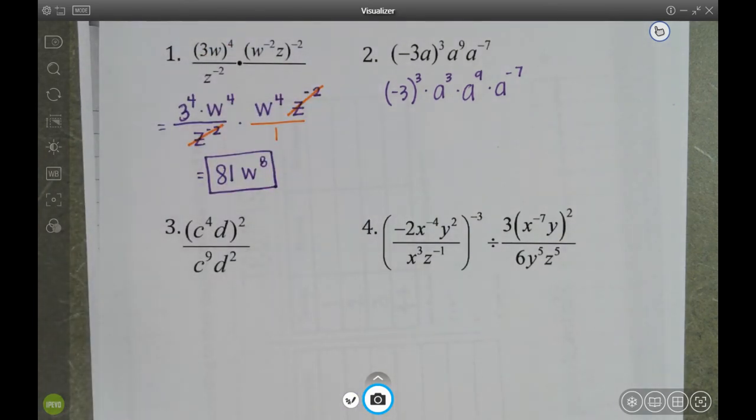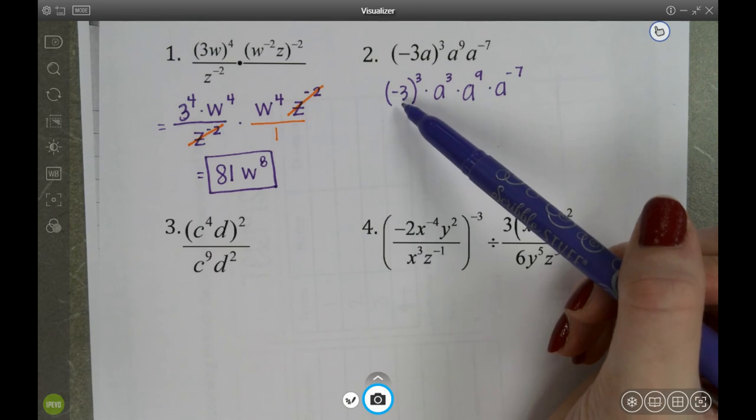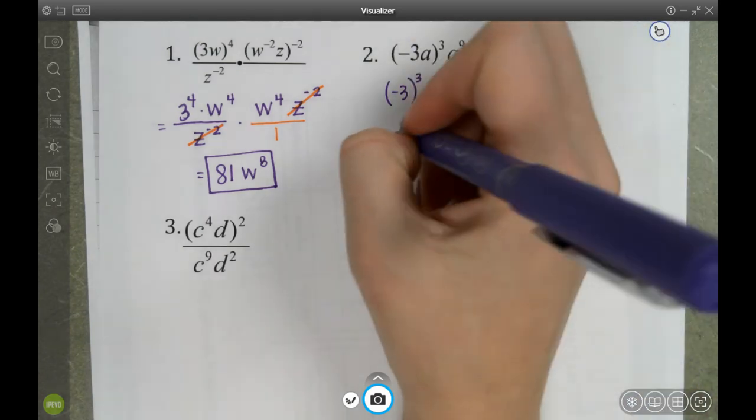Okay. For number 2, I have negative 3 to the 3rd power times a cubed times a to the 9th times a to the negative 7. So negative 3 times negative 3 is positive 9, and positive 9 times negative 3 is negative 27.